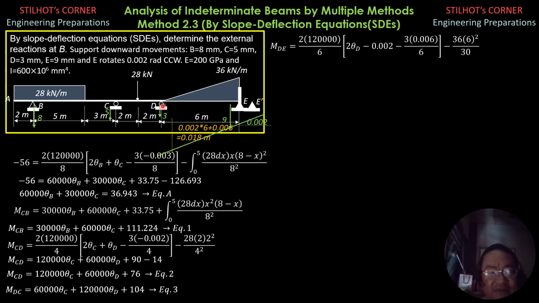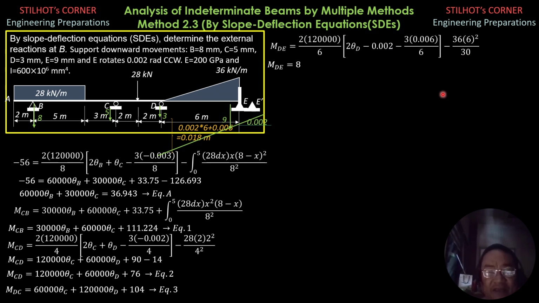Then minus fixed end moment DE, which is negative W L squared over 30, negative 36 times L squared, 6 squared over 30.